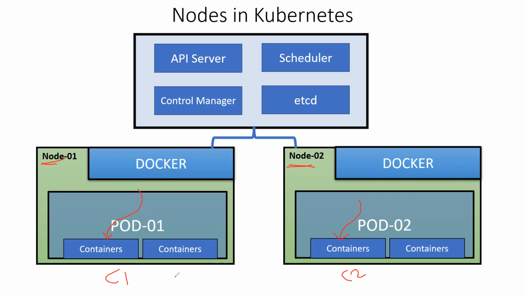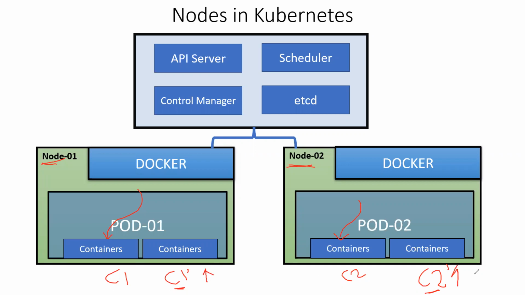After that, there is another set of application I started to run, which is C1 prime, and the other one is the same application C2 prime. Now I started to notice that over a period of time, container C1 prime as well as container C2 prime started to use a little more resources than what is given to them.